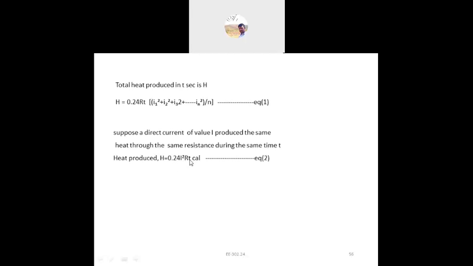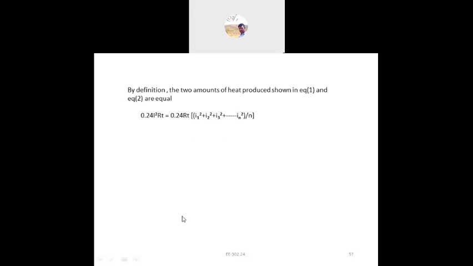By getting these equations we get the I RMS. Since we equate the heat produced by DC and AC, from that we take the I value.